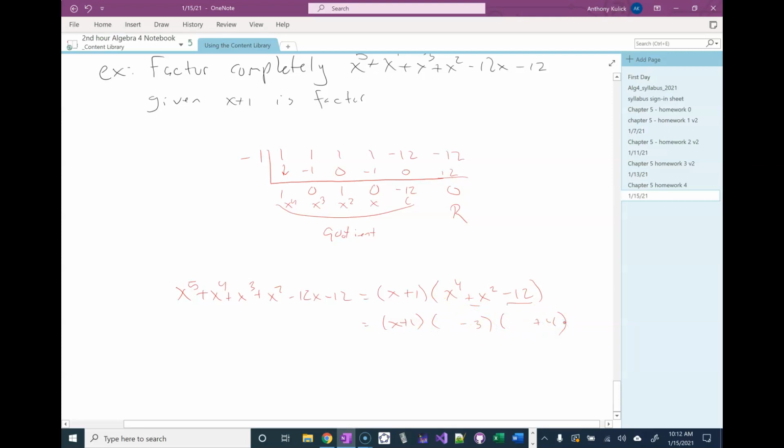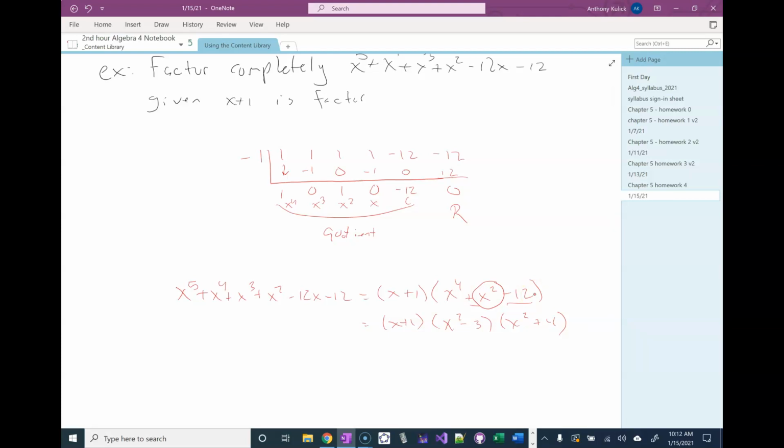But remember, because this is in the quadratic form and not just quadratic, I'm not going to get x's in there. What variable am I going to have in there? X squareds. Everybody's okay there?